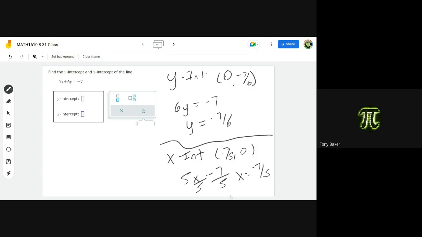Yeah. And it's going to be negative 2/3 actually. For x. Yep. So it's also negative 2/3. So all these lines are? All these lines are parallel. Yay.